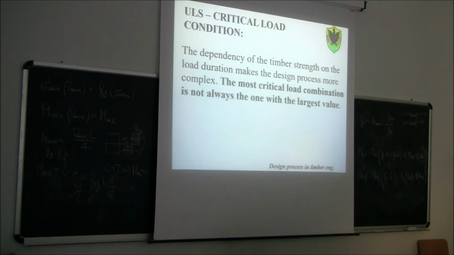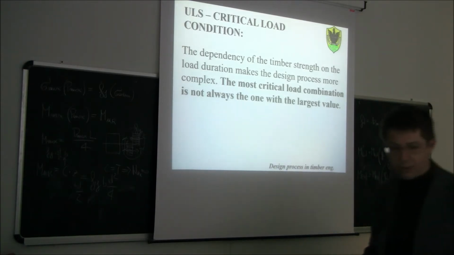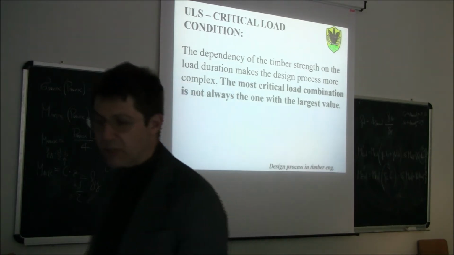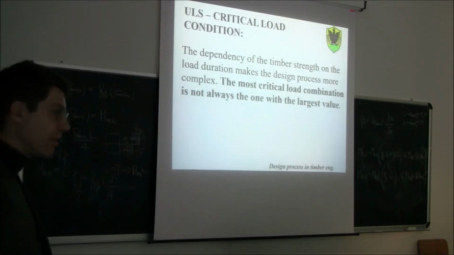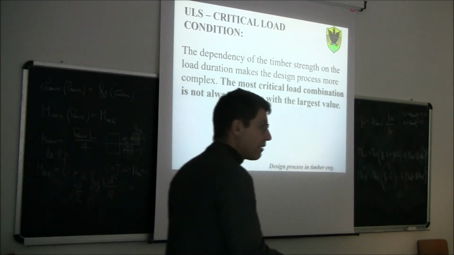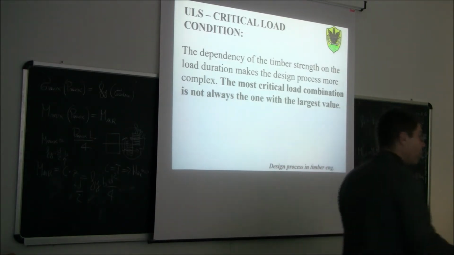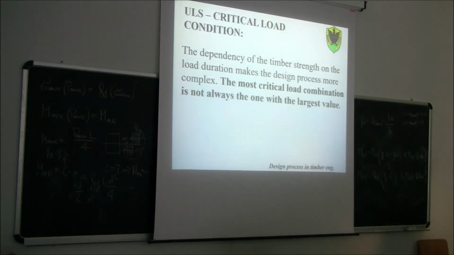So a priori, I cannot know which one is the most critical one. Meaning that for timber structure, I must also consider some load combinations where I don't have any variable load, or I have only one part of the variable load. Because in that case, the K mod may be lower. Okay? So this makes everything a bit more complex if you want.